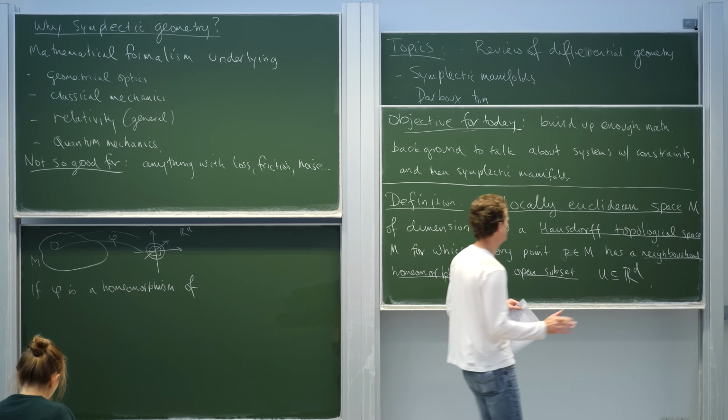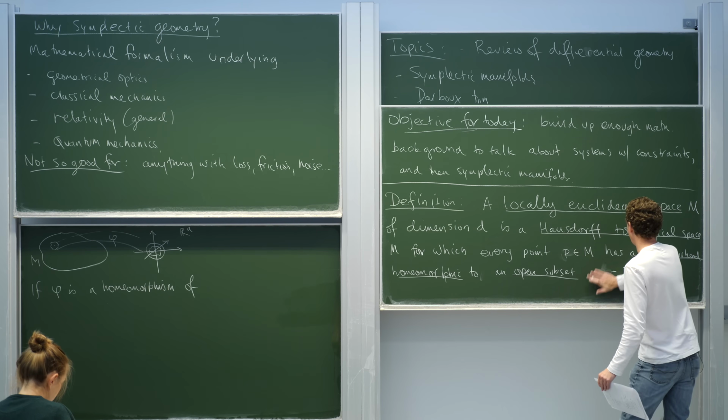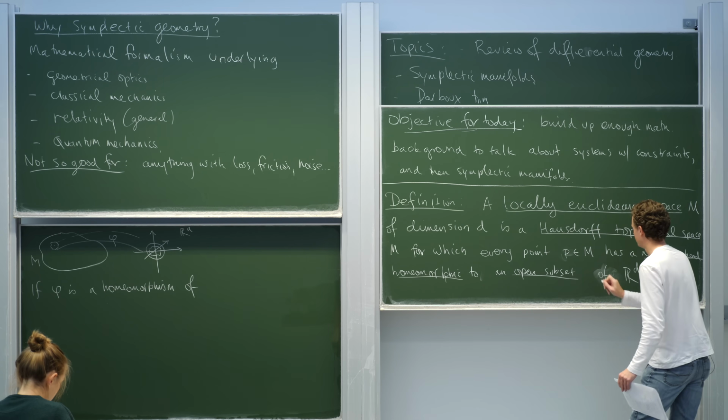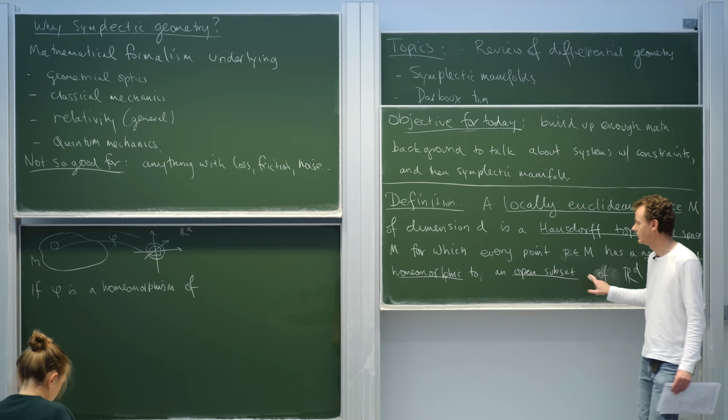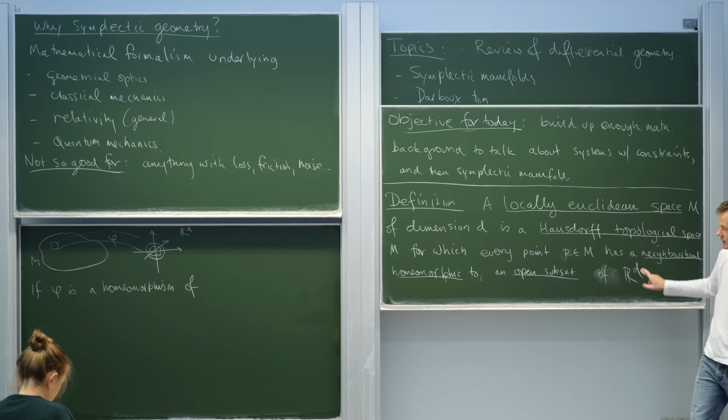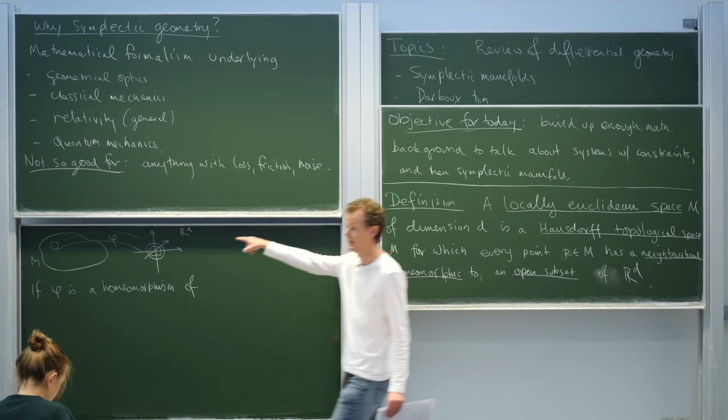Sorry, I'm just going to change the notation slightly. I don't want to name the open subset we end up on; we'll just say homeomorphic to an open subset of R^d. I want to name the neighborhood here.